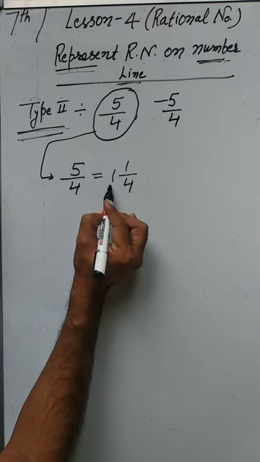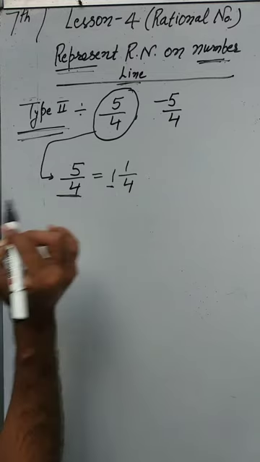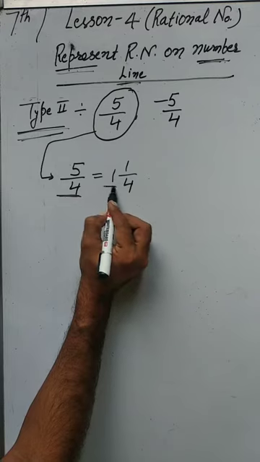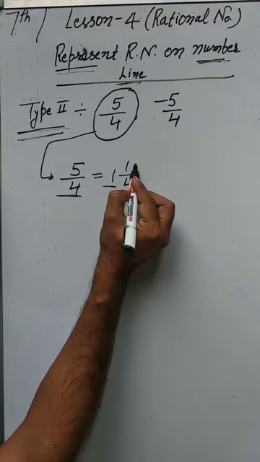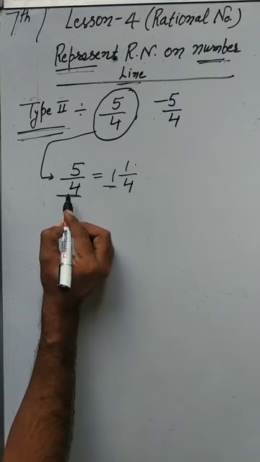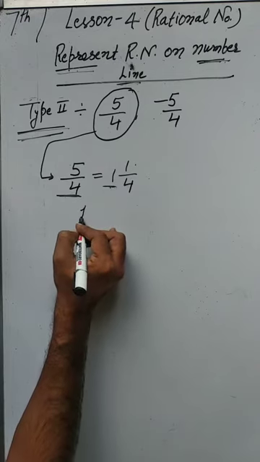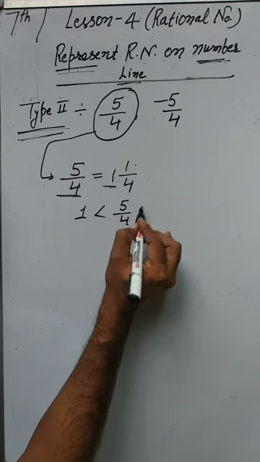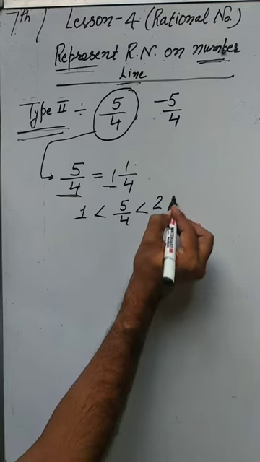Now from here we get an idea where the number 5 upon 4 lies on the number line. Clearly, beta, it is greater than 1 but less than 2. So this number lies between 1 and 2 on the number line: 1 is less than 5 upon 4, which is less than 2.